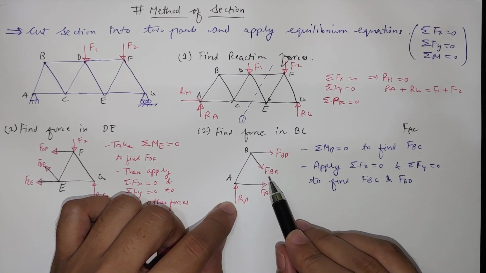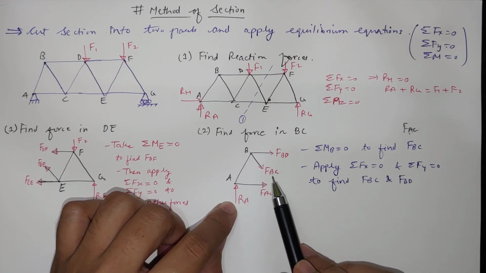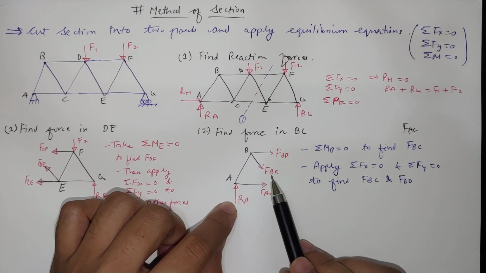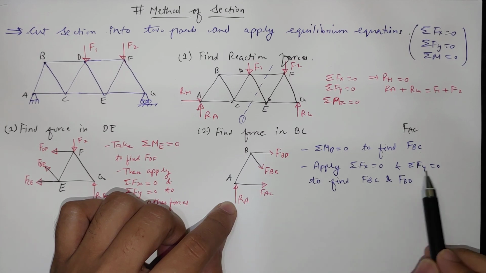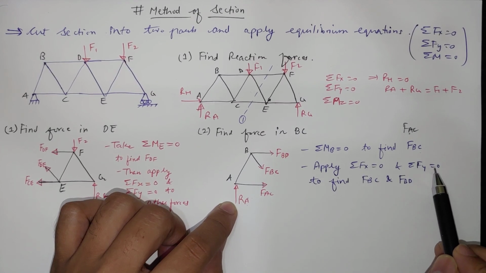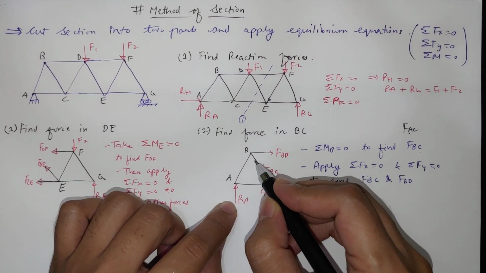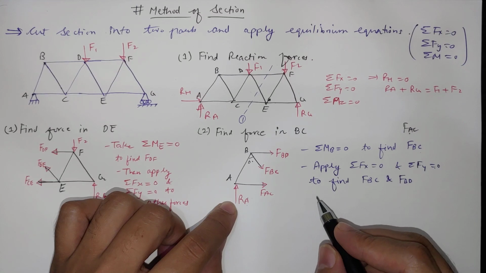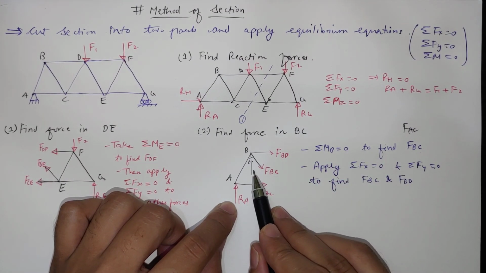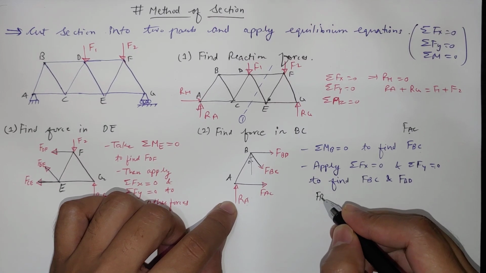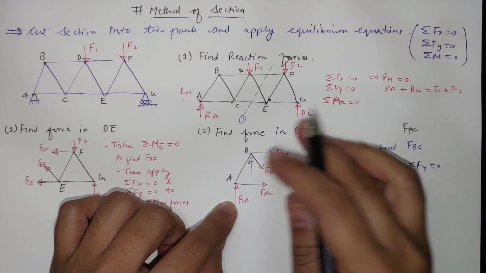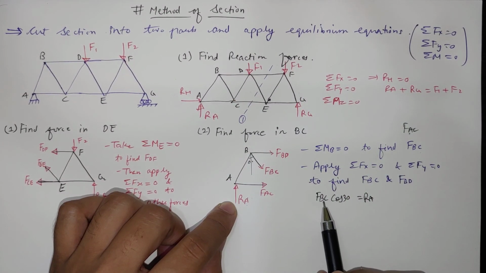So if this angle is 60, then the angle with the vertical will be 30 with BC, then FBC cos 30 will be equal to RA, and we already know RA from the reaction equation. So from here we can find FBC.